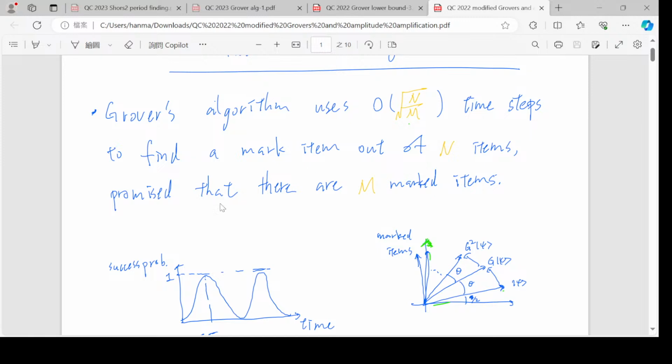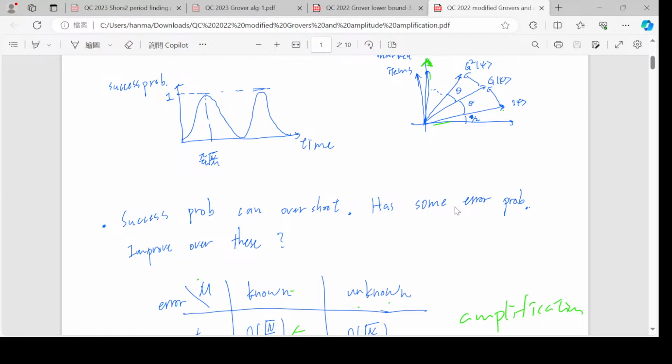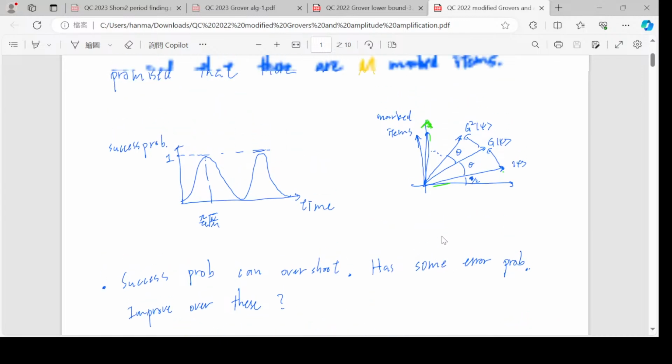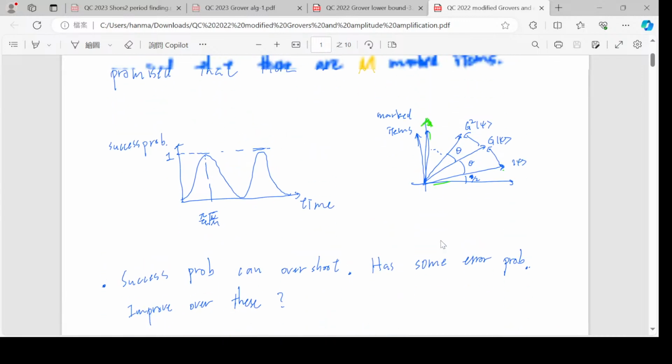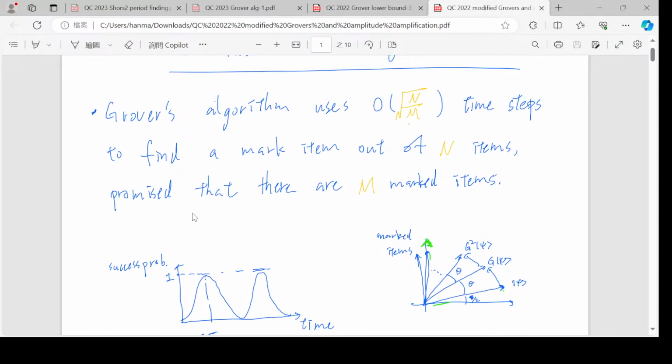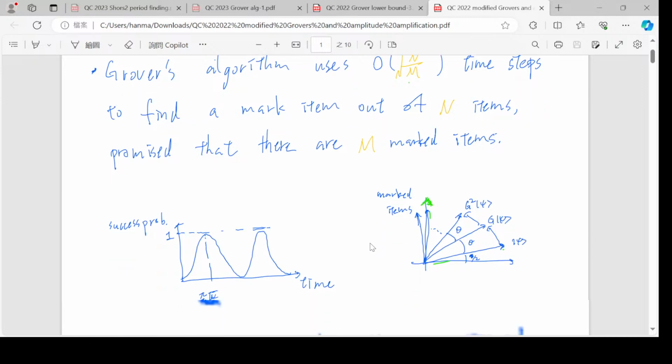So we have been saying that Grover's algorithm uses square root of n over m steps, if you have a total of n items and there are m marked items. But now we have a small problem with this m here, right? Because we need to know the number m here. Otherwise, if we keep running Grover's algorithm, we'll overshoot.